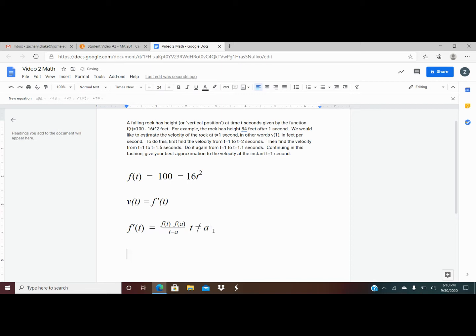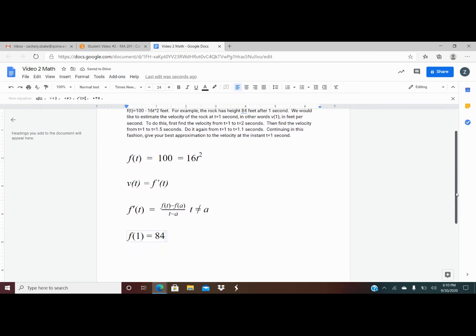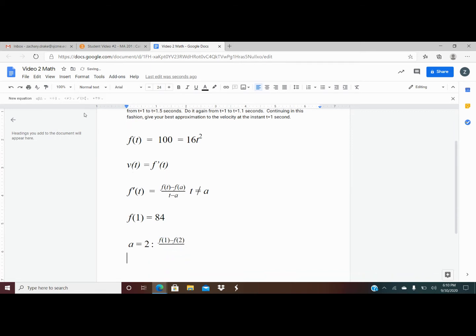They already give us f of 1, so we know that f of 1 is 84. Let's try this when a equals 2, at t equals 2 seconds. So we go with f of 1 minus f of 2 all over 1 minus 2.